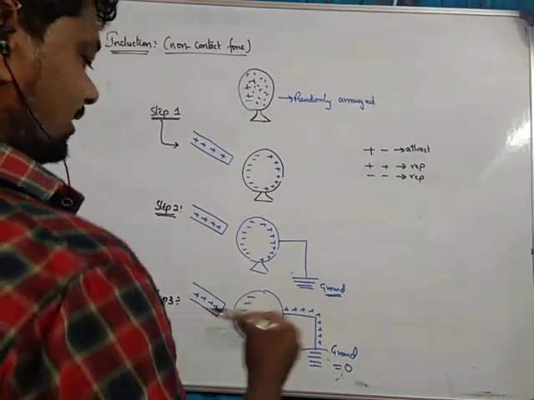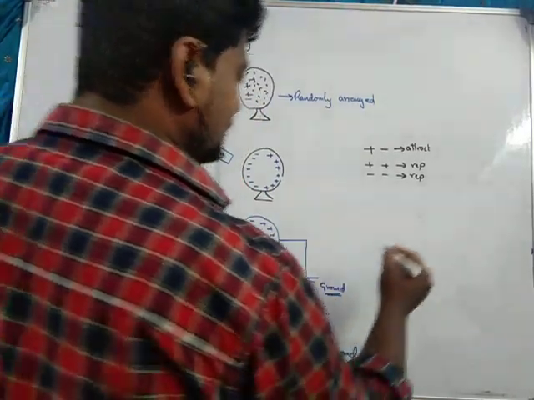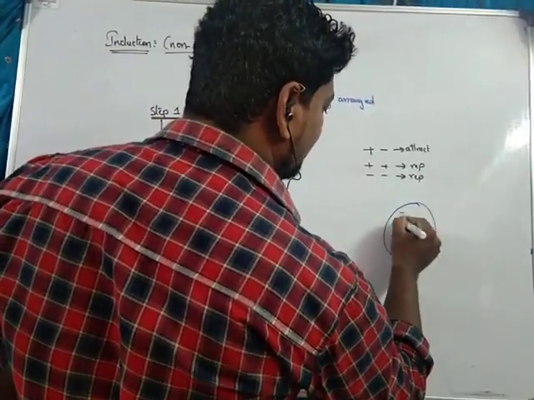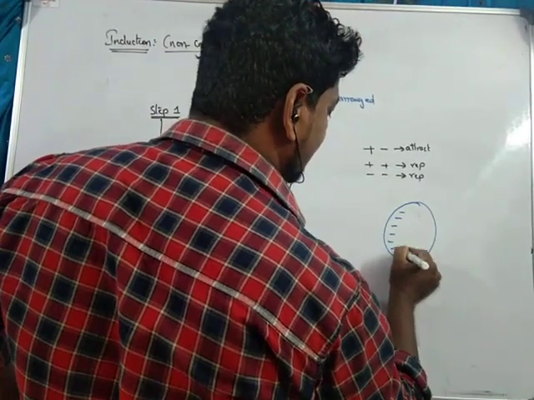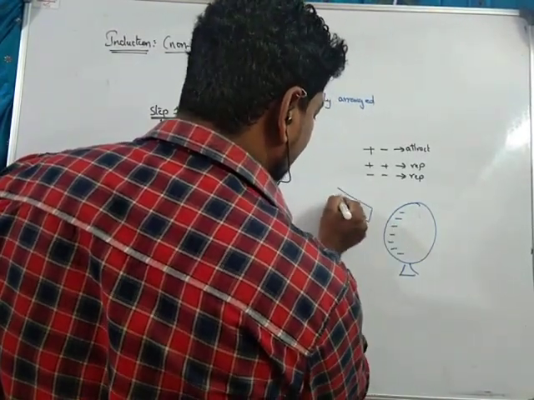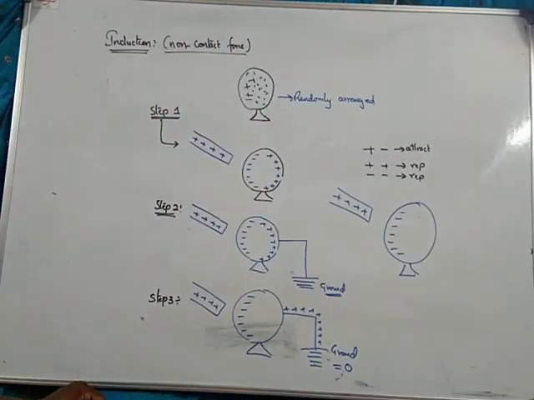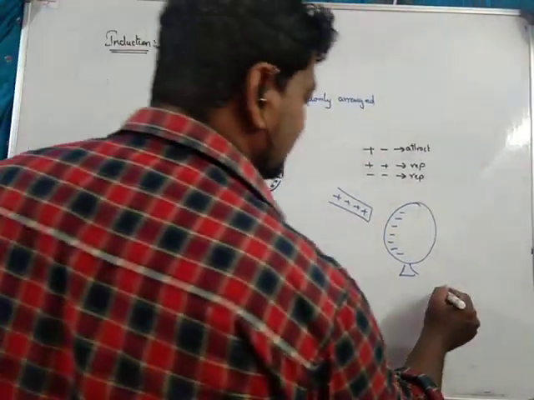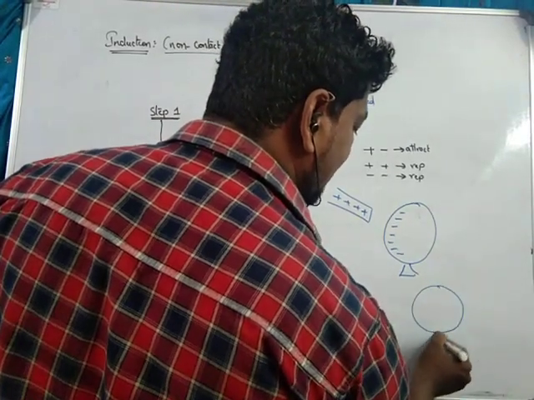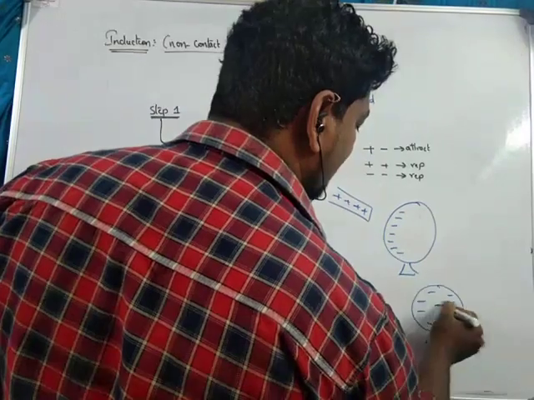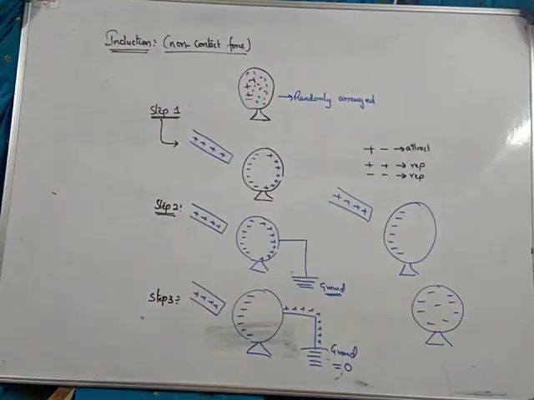So finally we have the metal with a negative sign. Suppose if you remove this positive rod, at the end we have only negative charges, which will be distributed in all directions. This is the concept of induction.